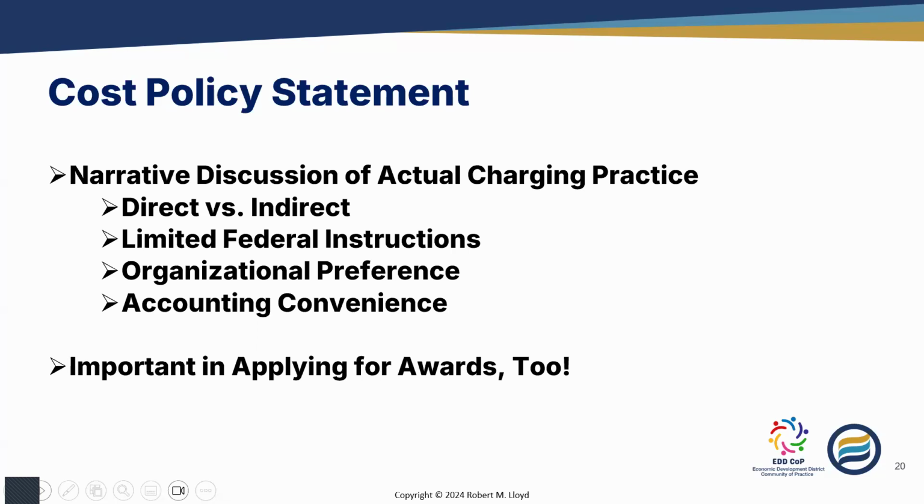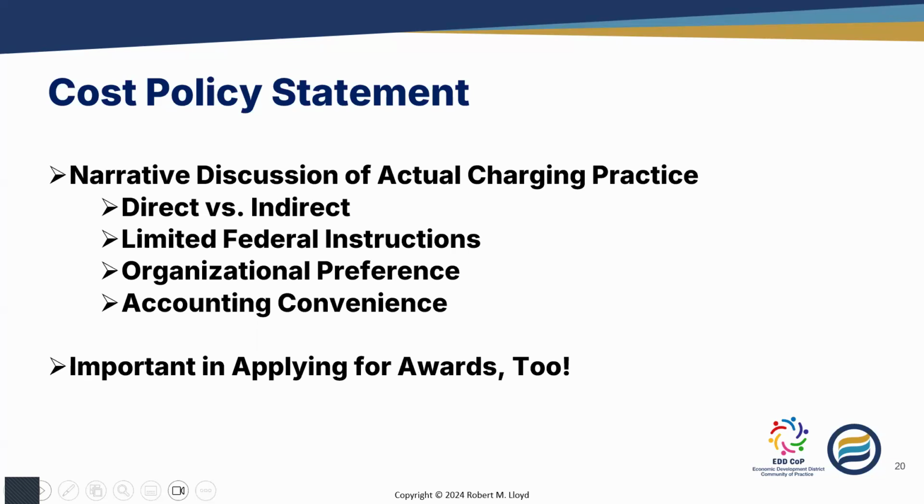Another example has to do with whether somebody who works on multiple activities within an organization has to break out their time according to all of those activities. At what point does it make more sense to have that individual simply record their time against an indirect cost category as opposed to charging it out to multiple projects or programs?